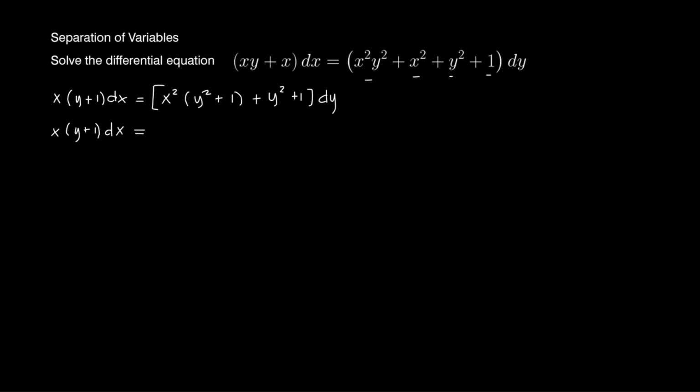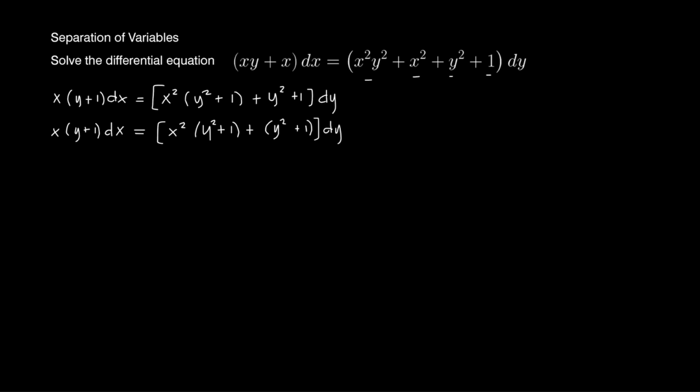Okay, so let's copy the left side first. Equals. If we group the last two terms, we will have y squared plus 1, plus, we group this, we'll have y squared plus 1 also, times dy.